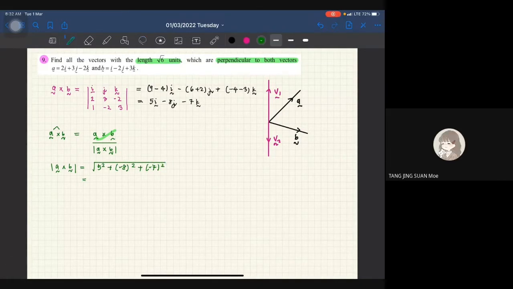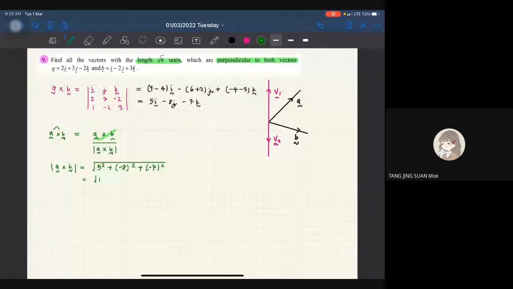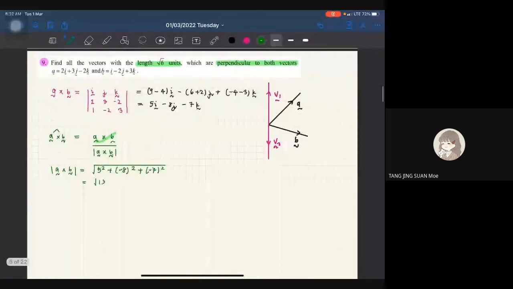So 138. So the correct one is 138. Betul. 138. Okay, thank you.